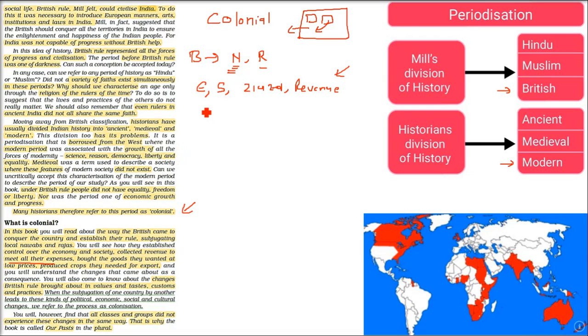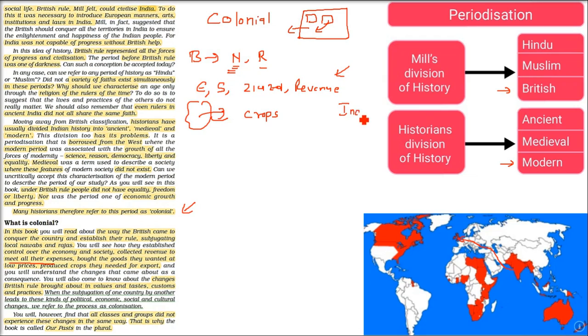Then what they would do? Whatever goods they wanted, it may be anything like crops, agricultural products or manufactured products, they would take them at very, very cheap, low prices, and they would sell them wherever they go at higher prices. For example, the crops.